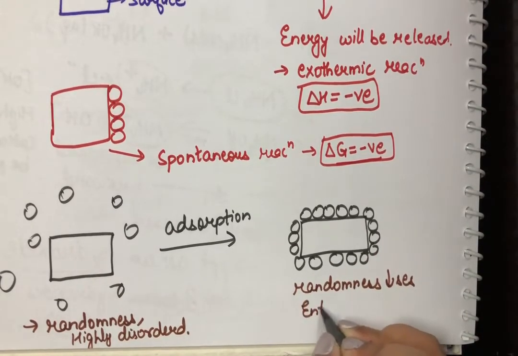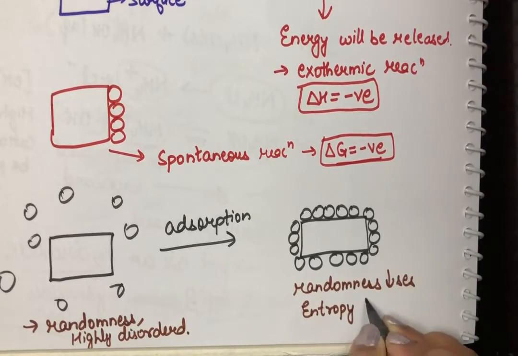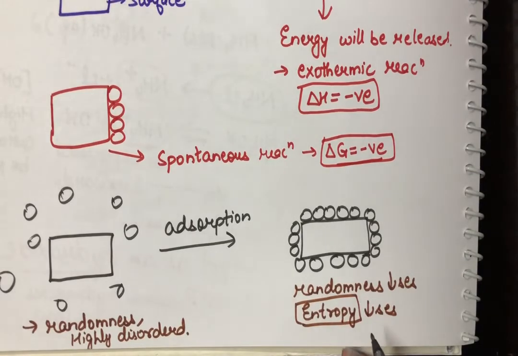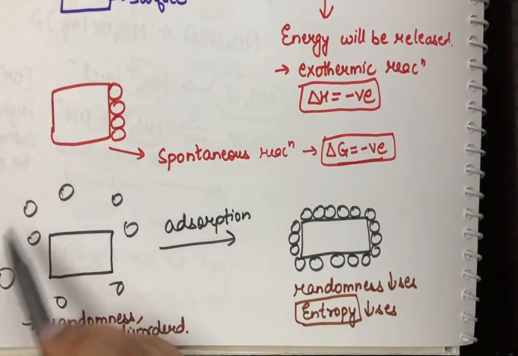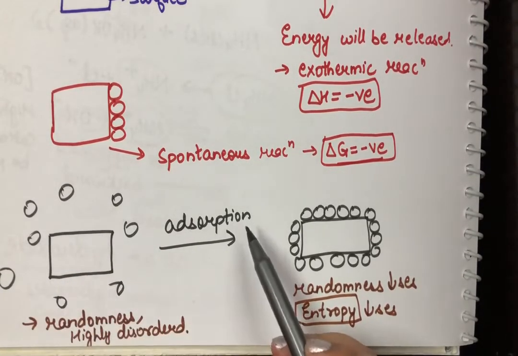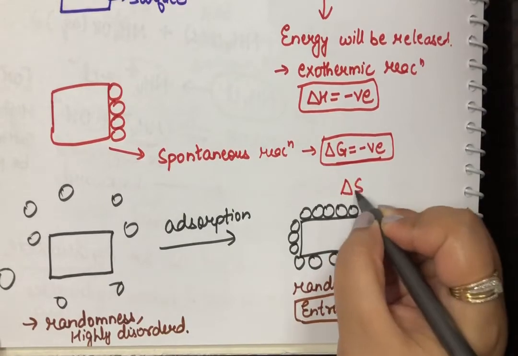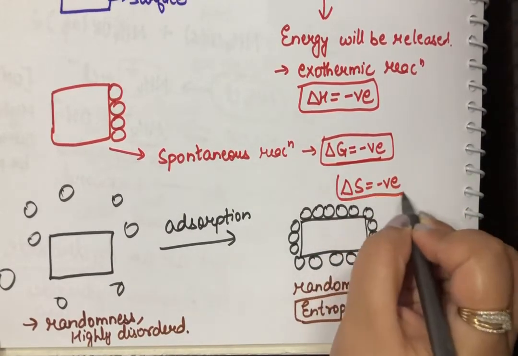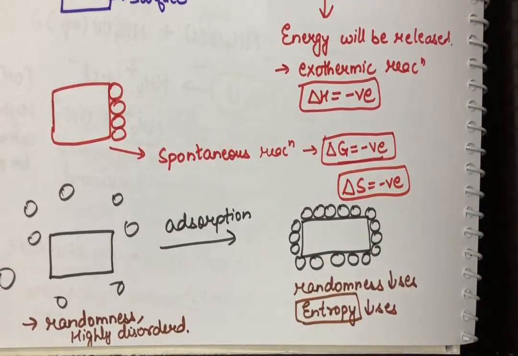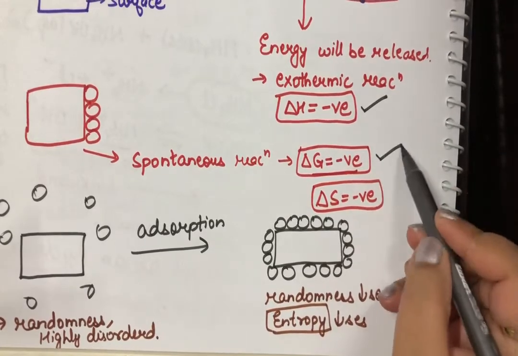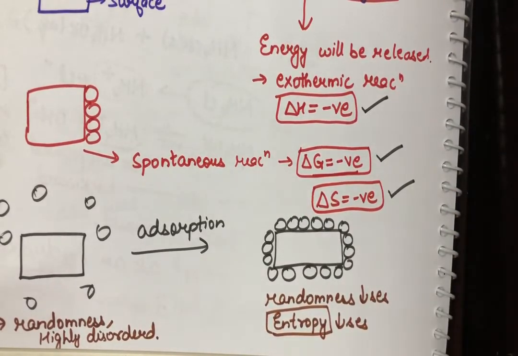So I can say that the entropy has decreased. What is entropy? Entropy is the degree of randomness or disorderedness. So here the entropy was very high, and after adsorption the entropy has decreased. So I can again say that entropy decreases means delta S is negative. Do you understand? So the most common thing that you have to remember is that for adsorption your delta H, your delta G, your delta S are all negative.